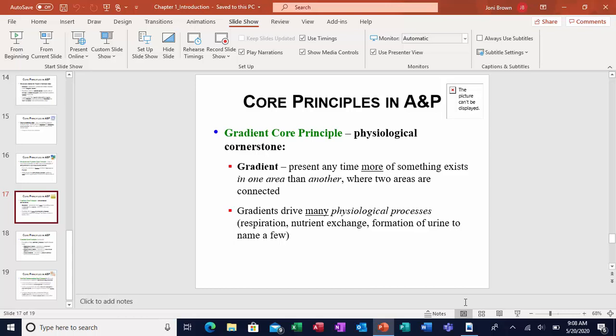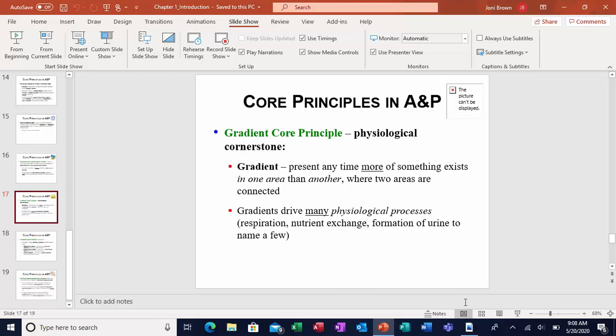The third core principle is gradients. Now, when you have a gradient, you have a difference in something such as temperature, for instance, in two areas of the body that are connected to each other. Respiration occurs because you have a gradient. You have a difference in the amount of oxygen and the amount of carbon dioxide.